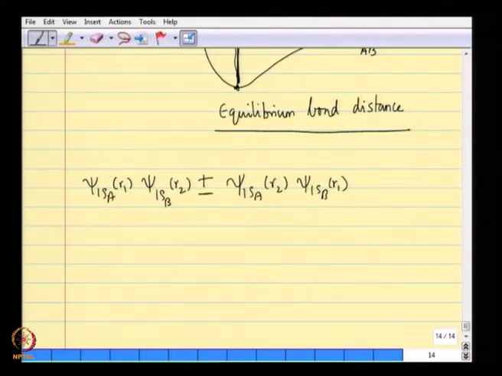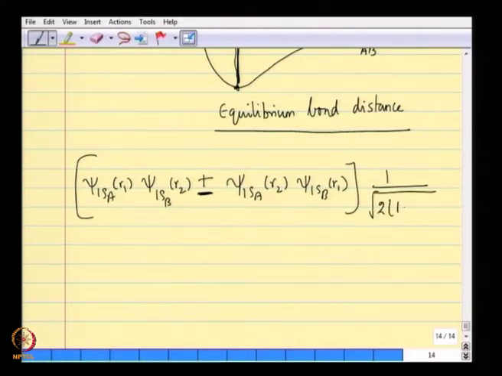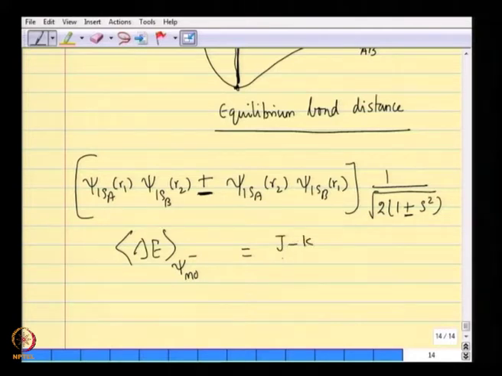Now, if we use a minus combination, the normalization constant can be shown without much algebra that it is 1 plus or minus s square. That would be the wave function, and if you calculate the energies, delta E plus, it will turn out to be... delta E for the minus combination psi MO minus, it will be j minus k divided by 1 minus s square.